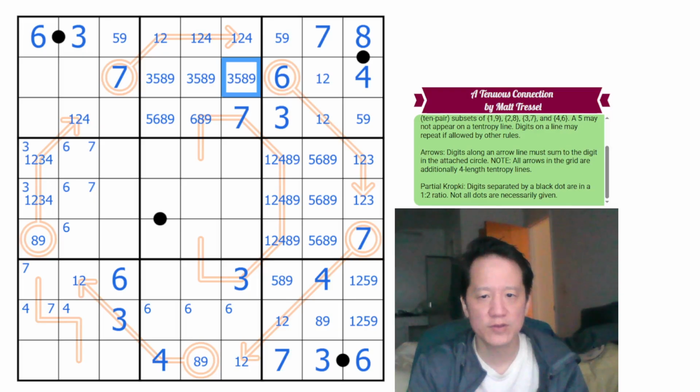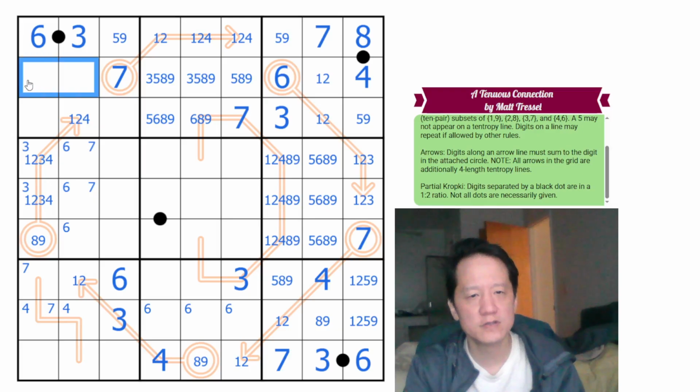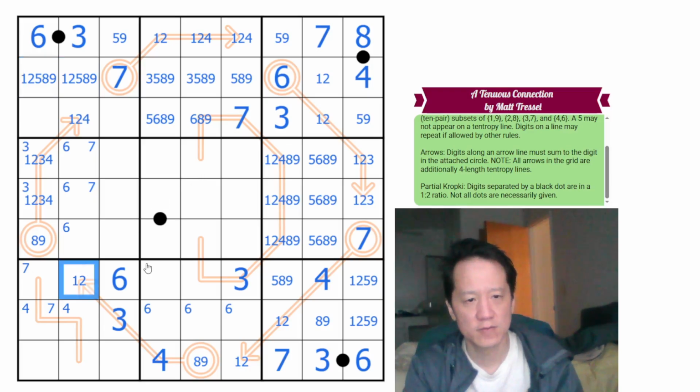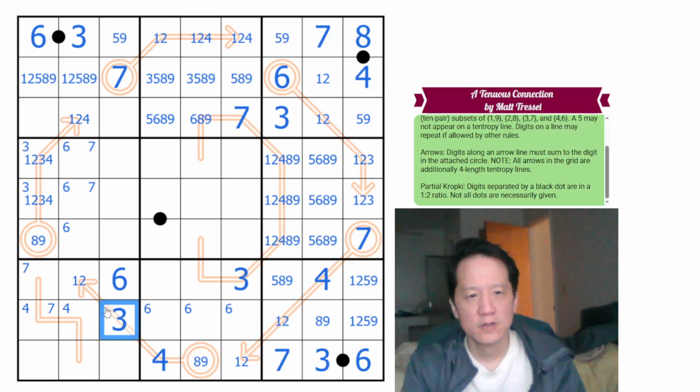This can't be 3. One of these is 1 or 2, and the other one's 5, 8, or 9. That doesn't really satisfy anything, though. One of these is 4, the other one's 1 or 2. So this cannot be 3, 4, 6, or 7. It could be 1 or 2.